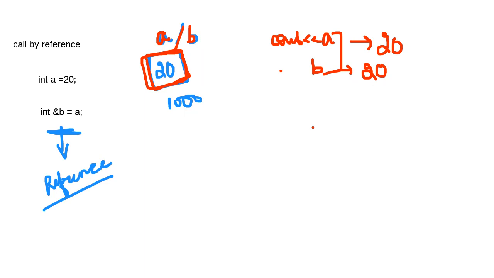Okay. So, one more thing: because this reference is nothing but another name for a particular memory location itself, we cannot separate these two. That means I cannot write it as int star b, ampersand b, and then b equal to a.